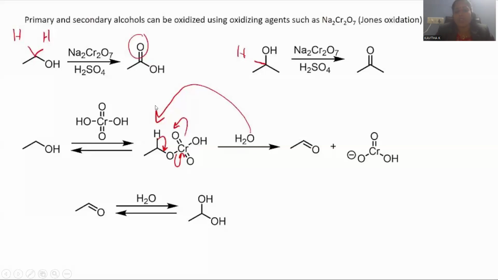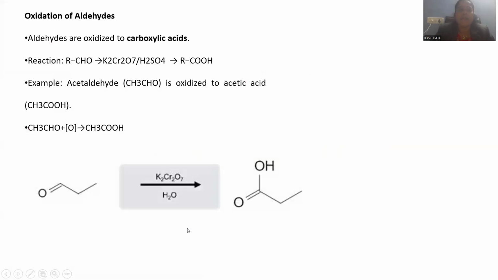So water will abstract this H plus and there is formation of the corresponding aldehyde. The aldehyde is again treated with dichromate or chromic acid. Under moistened condition, there is a provision to add to carboxylic acid further. That is step 2. In the same manner, the chromate ester is generated one more time, giving rise to the corresponding carboxylic acid. This is the way the mechanism is given for your better understanding.